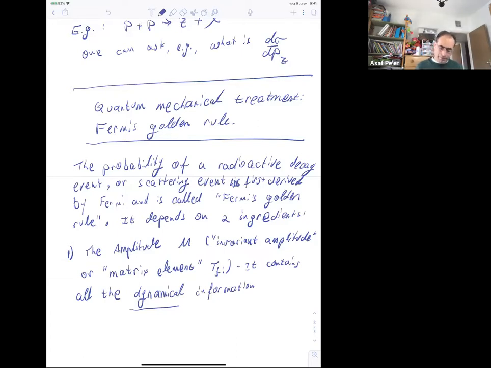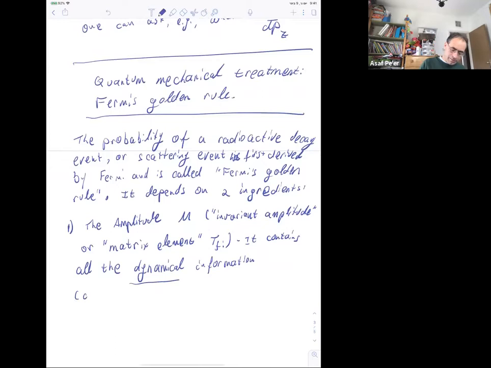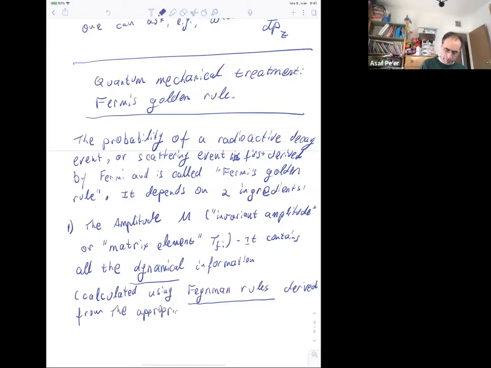It's calculated using Feynman rules, which are derived from the appropriate Feynman diagrams.